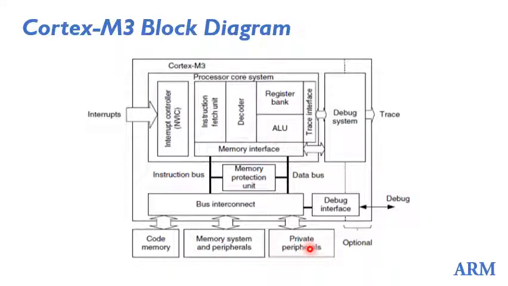The memory map in Cortex M3 is predefined. That is, the memory map is split into regions where each region has a defined memory type, and some have additional memory attributes. So we'll learn about the memory map as well in the later lectures.